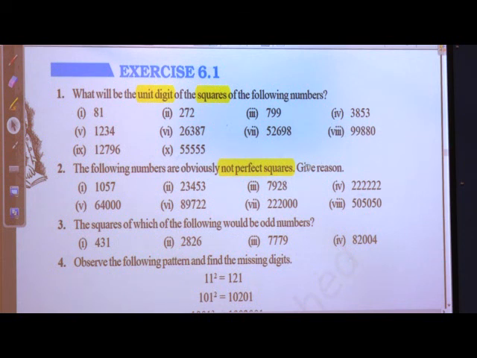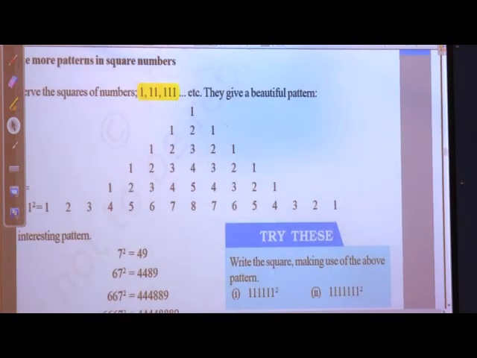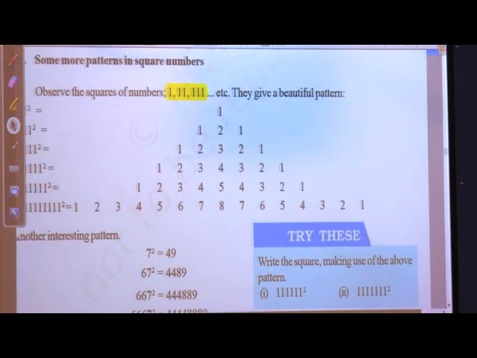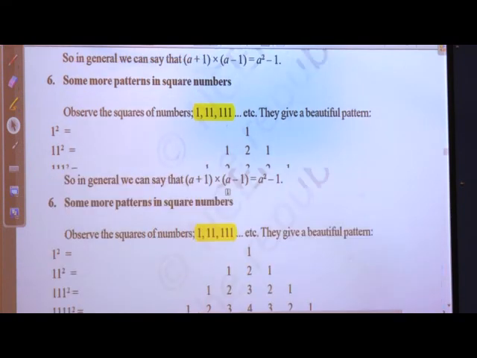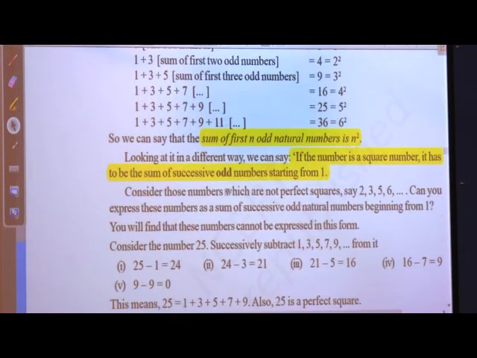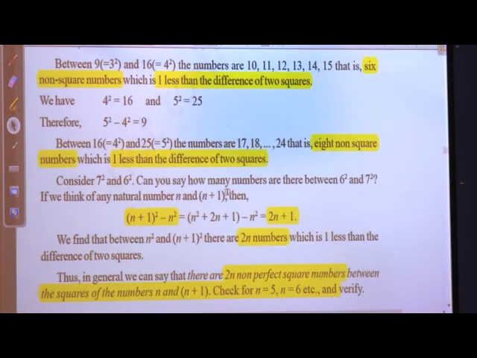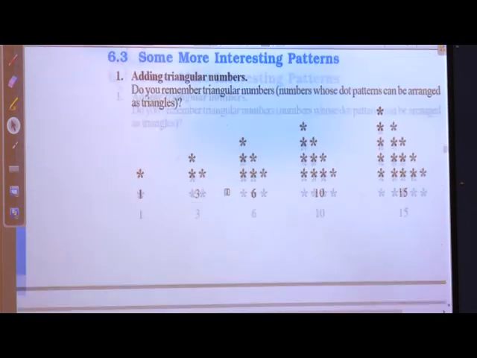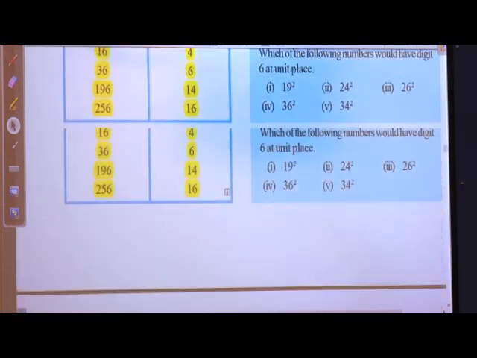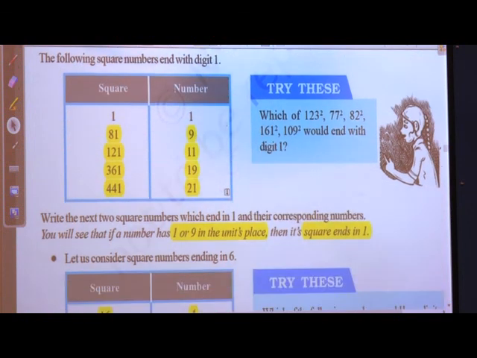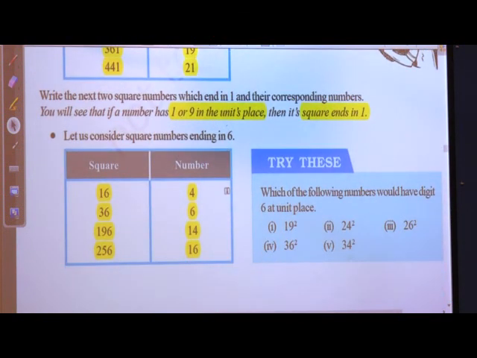Give reason why they are not perfect squares. What is the reason? For this, we shall do one simple thing. We shall go back and see what we have studied previously, what concepts have been taught to us, so that we can readily understand why these are not perfect squares. What is the reason behind that?